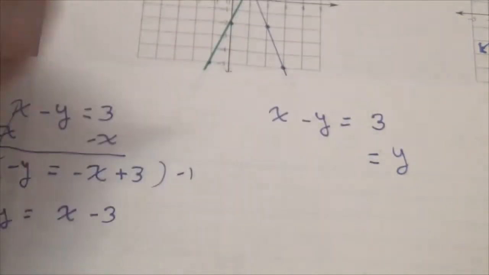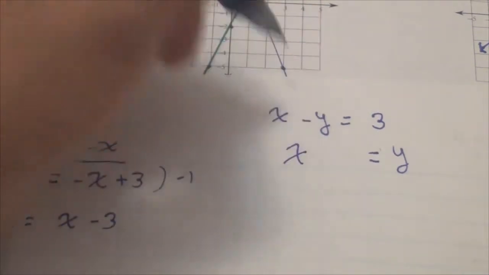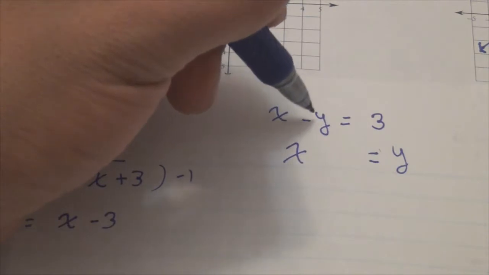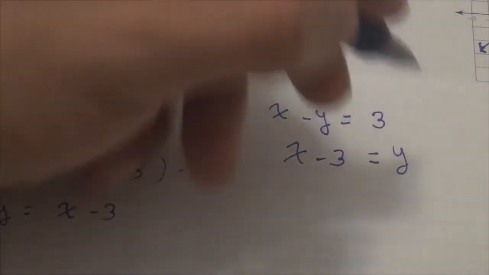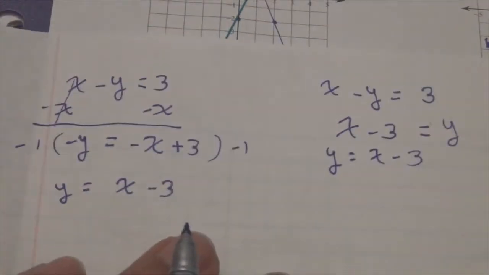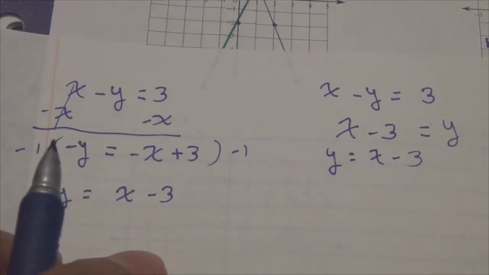So by putting the y on the other side, it becomes positive. I put the equal sign. And now the x is still positive. I haven't done anything. The 3 that I switch places with the y becomes negative. Now you want to rewrite this? Sure. Y equals x minus 3. And you see, both of them give you the same answer. So now you know an extra trick.